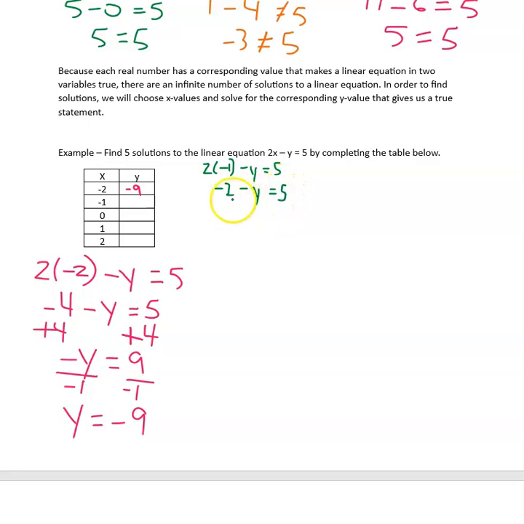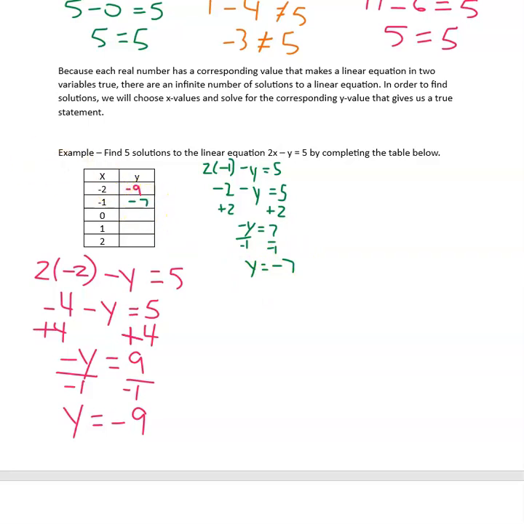Add 2 to both sides, and we get negative y is equal to 7. Again, we don't want the y to be negative, so we're going to divide both sides by negative 1. And we get that y is equal to negative 7. So when x is negative 1, y is equal to negative 7.